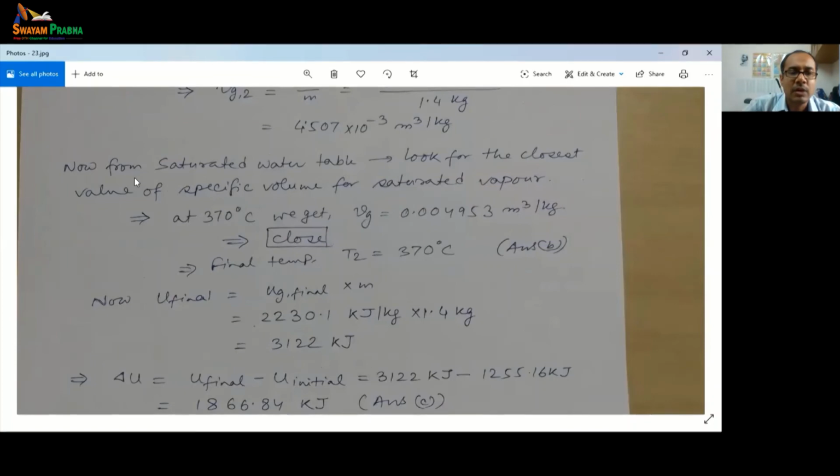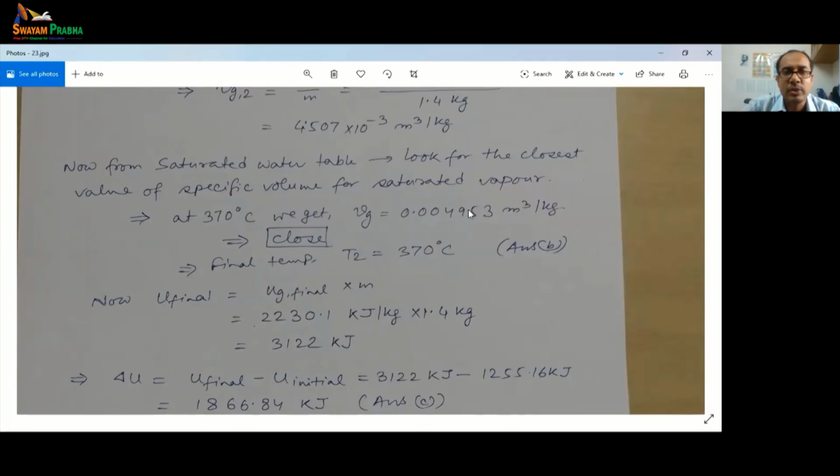Okay, so now from the saturated water table, we look for the closest value of specific volume for saturated vapor, because now we are going in the opposite direction. Usually we are given the temperature or pressure, and it is easy to find the corresponding specific volume.